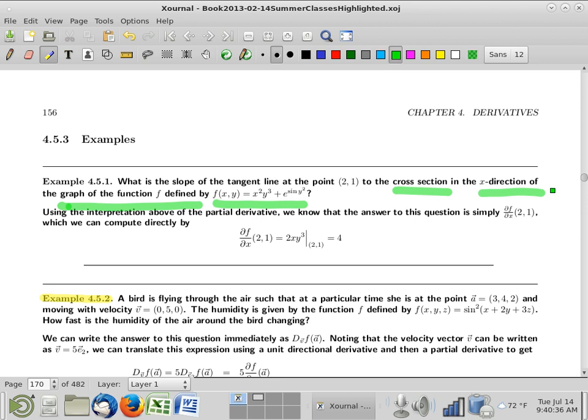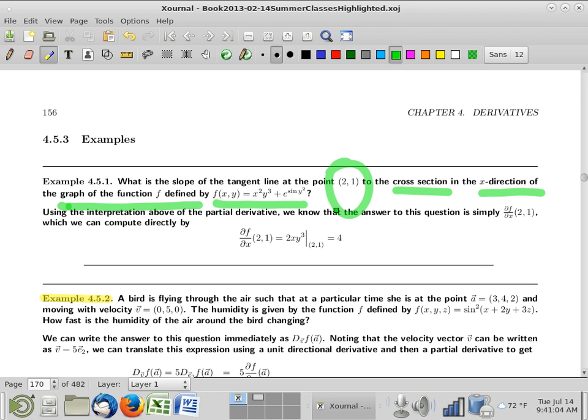The graph is some surface like this. And there's the x direction, there's the y direction. And looking at a particular point, 2, 1, so I'm at some point in the domain. I'm going to be moving in the x direction. We'll look at the vertical cross-section in the x direction. And that cross-section of my surface will be a curve of some sort. And I want to know what's the slope of that curve.